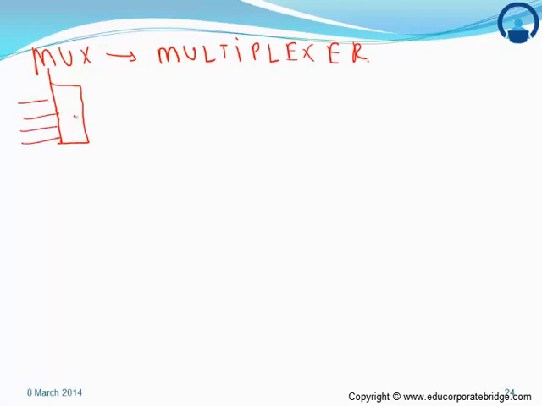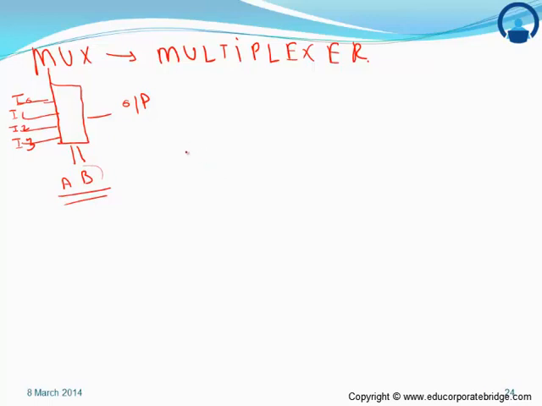As the definition suggests, multiplexers are those circuits that combine many inputs to one output. This will be the output. The multiplexer has 2 select lines. The number of inputs depends on the number of select lines.